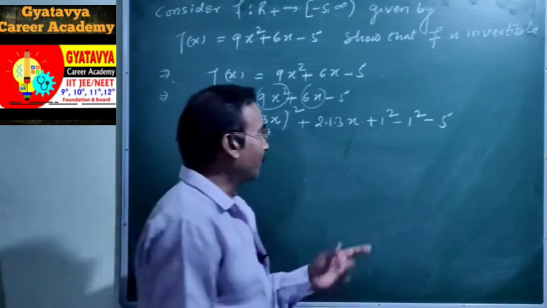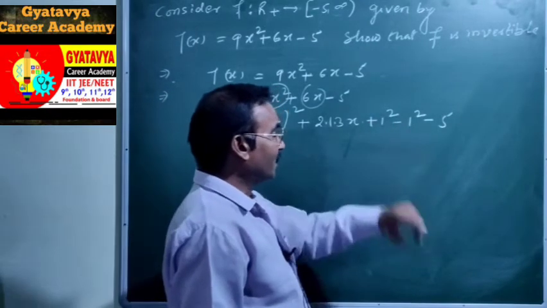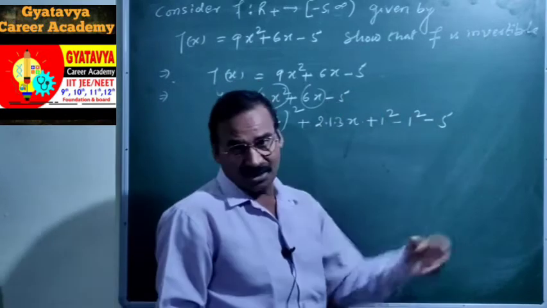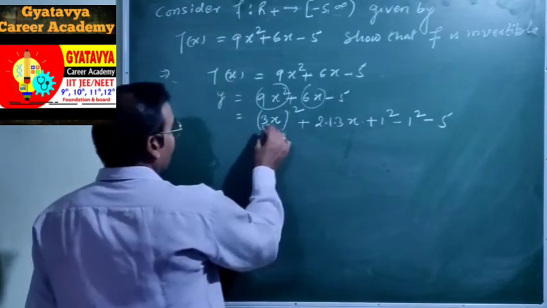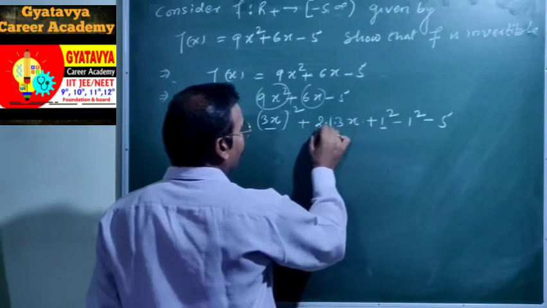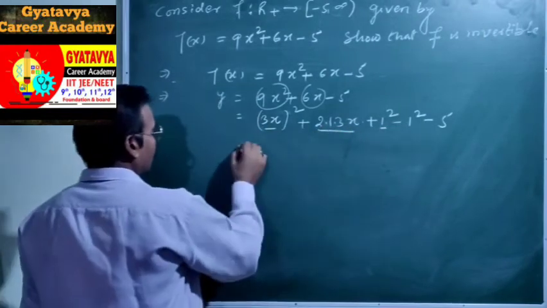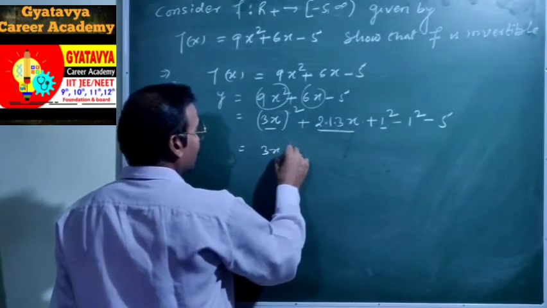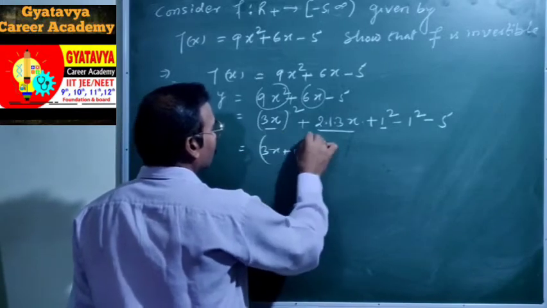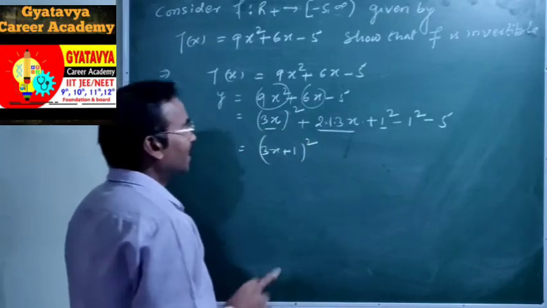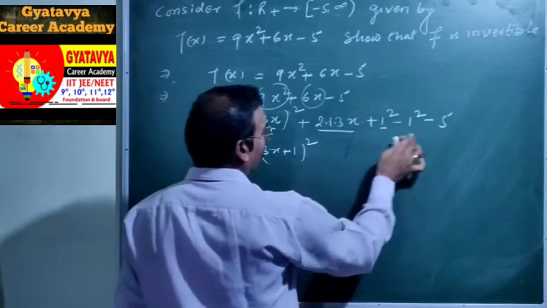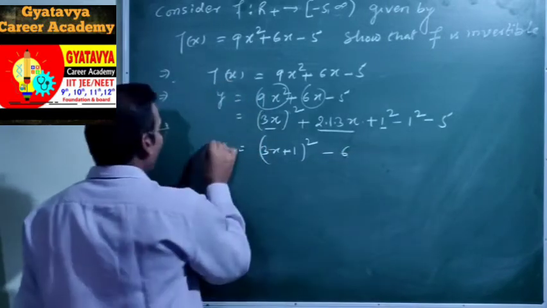Both processes you have to do. So 1 square minus 1 square, and minus 5 is also remaining here. So a square plus b square plus 2ab. This is (3x plus 1) whole square minus 6, here y.